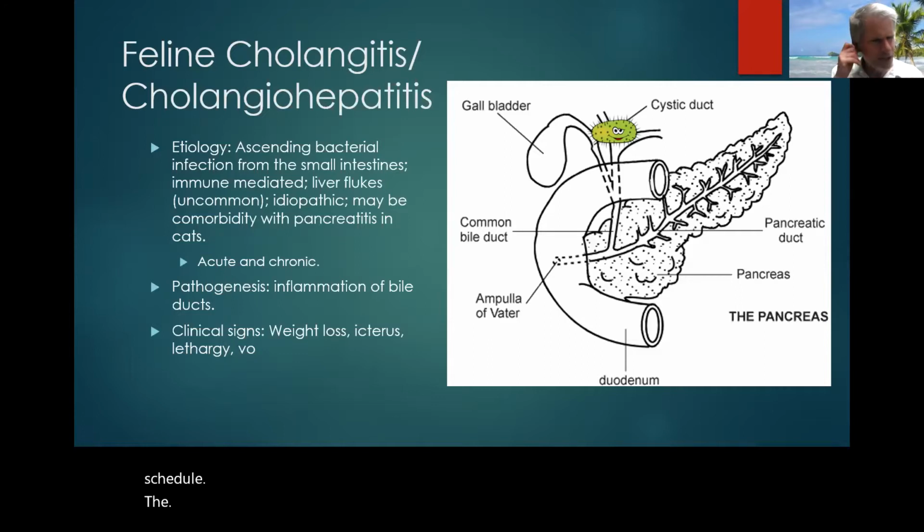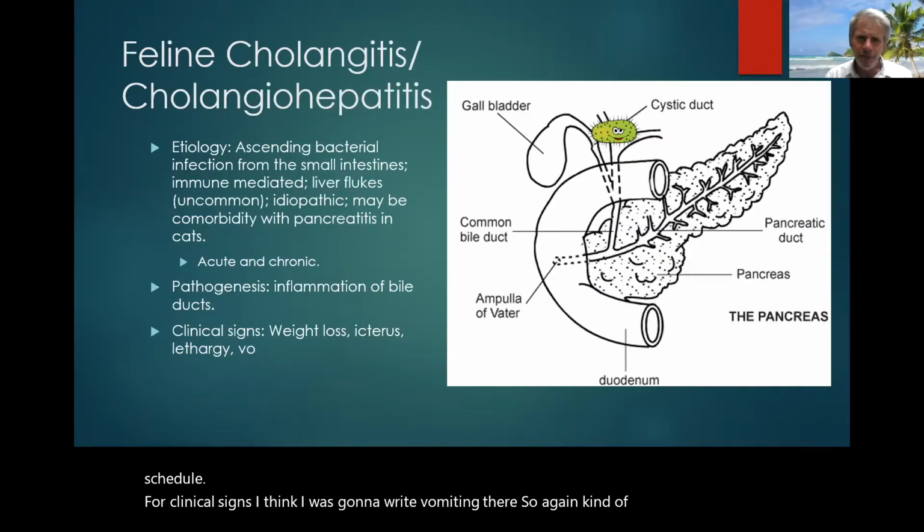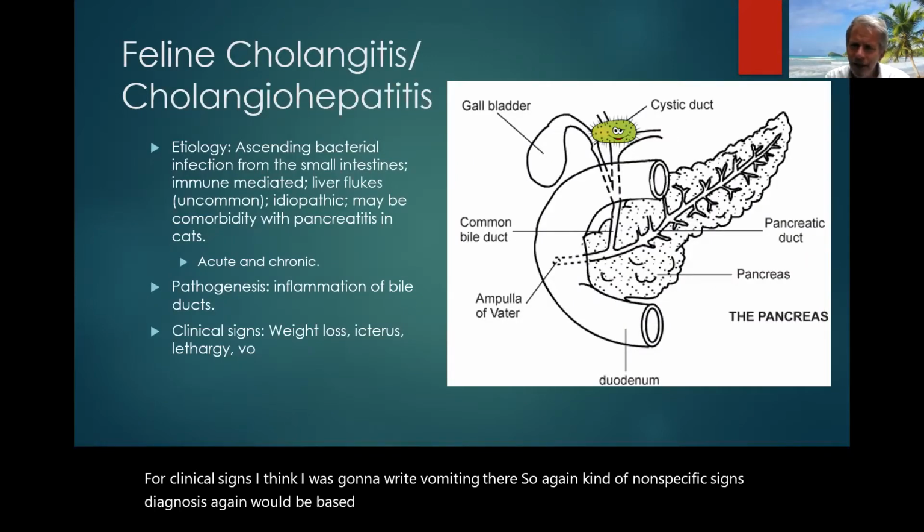For clinical signs, vomiting. So again, kind of non-specific signs. Diagnosis, again, would be based on things like the chemistry panel. To get a definitive diagnosis might be difficult.